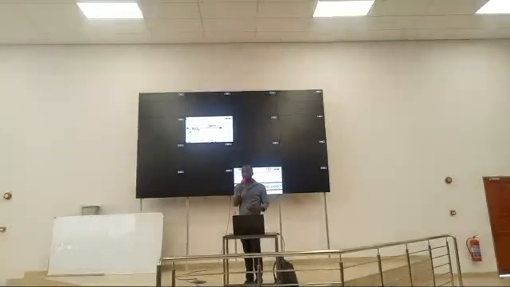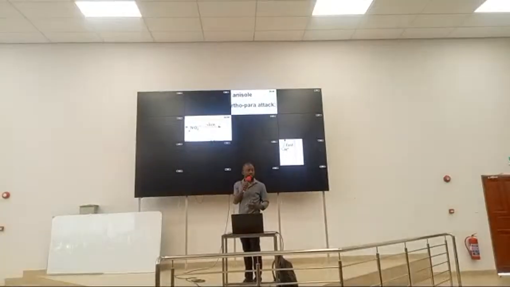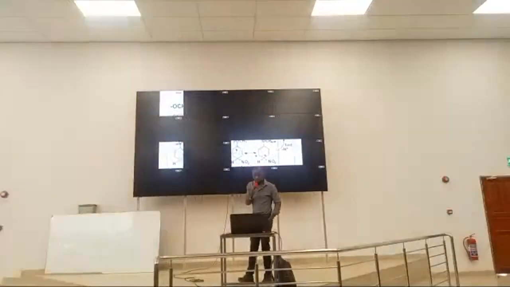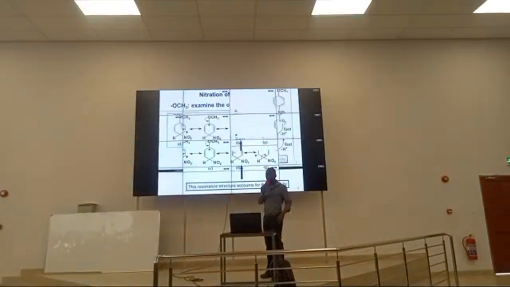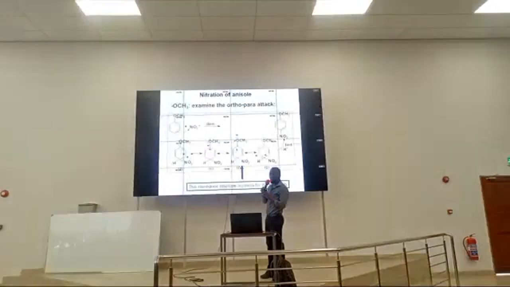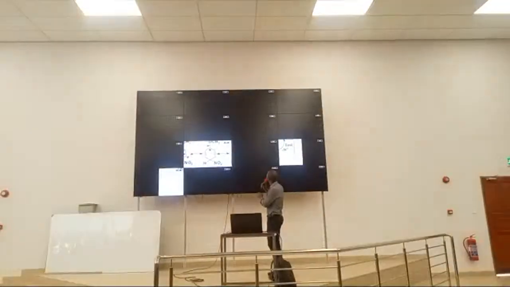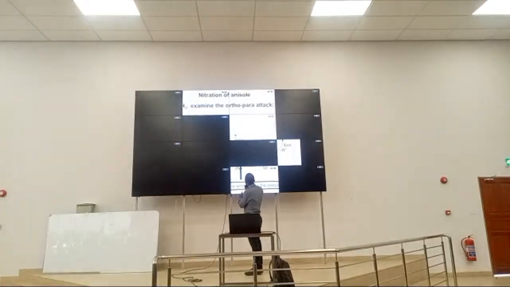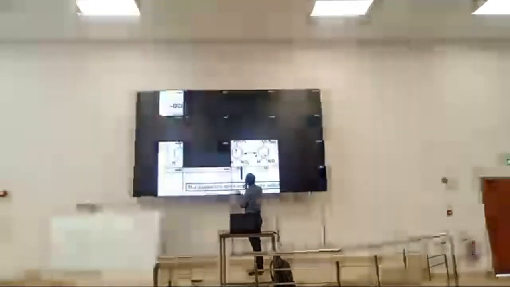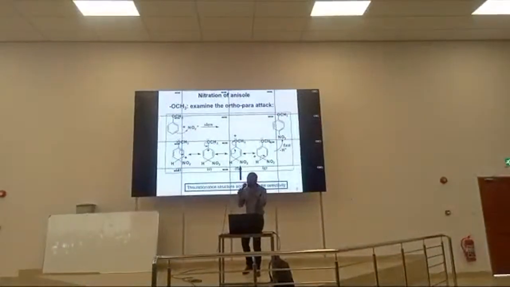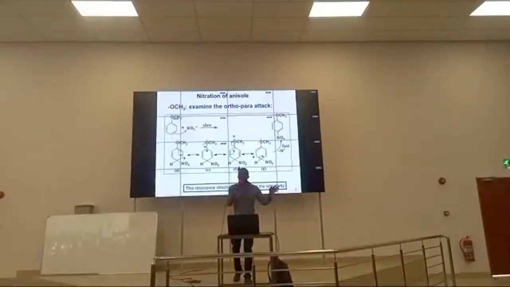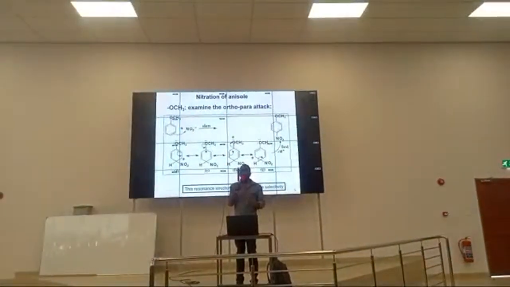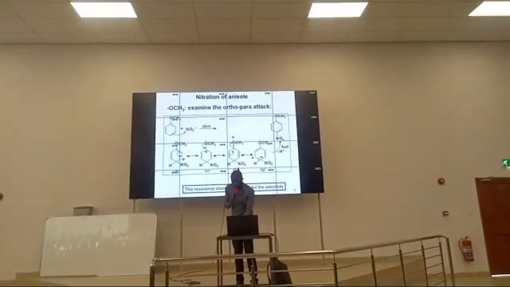So that carbocation is less stable, in short, because it has fewer resonance structures. The resonance structure that is highlighted here accounts for the selectivity in this case because it is the only one that is different from the others which we saw in the previous slide. So that tends to contribute extra stability.